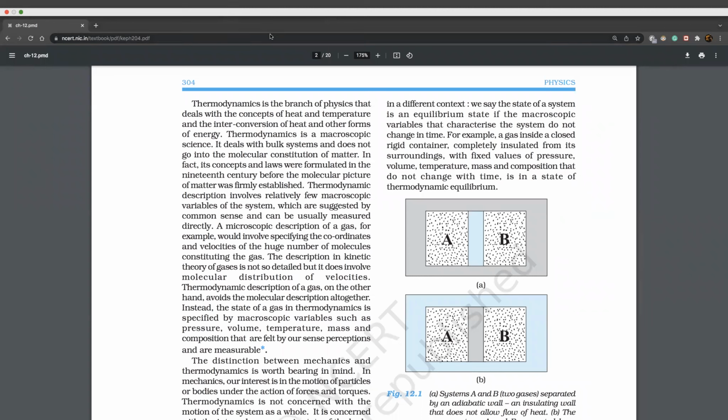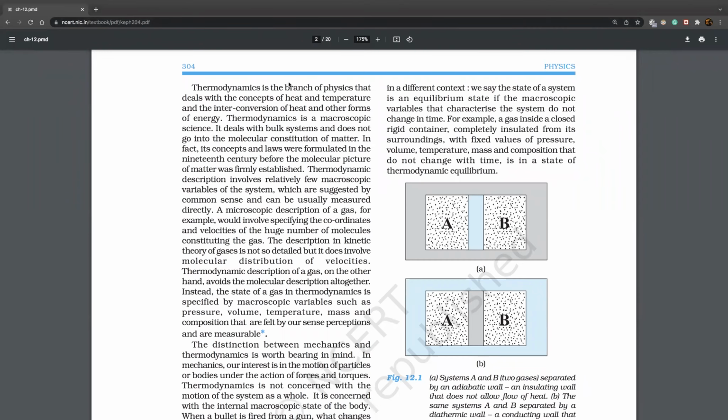Okay, we can say it is the opposite of microscopic. Macroscopic variables are those which are not involved in very minute molecular transfer. Macroscopic variables can be such as pressure, temperature, volume.